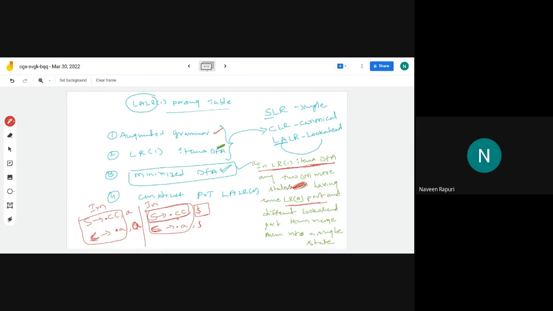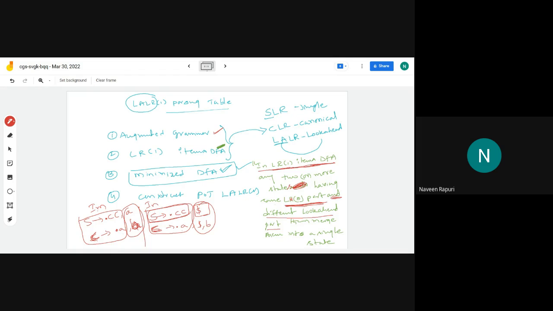So the LR0 part is the same and the look ahead part is different. Here the look ahead part is a, and here it is dollar. It is not required to be the same. It may be a comma b and it may be dollar comma b. So look ahead symbols are different and the LR0 part is the same.